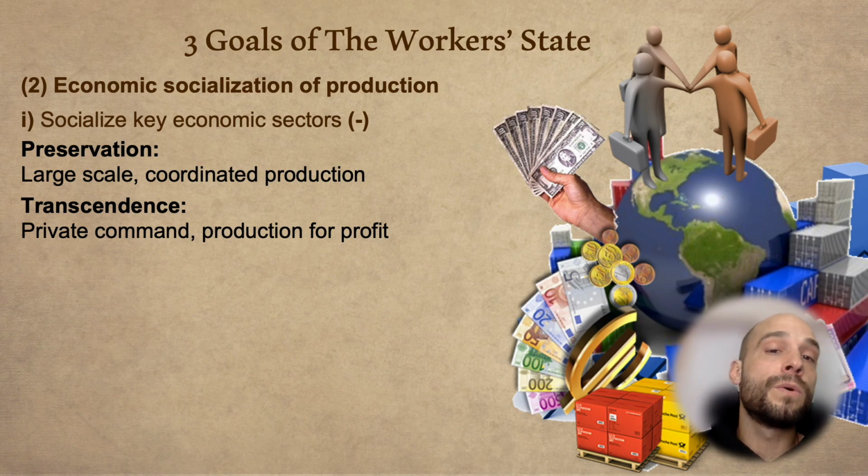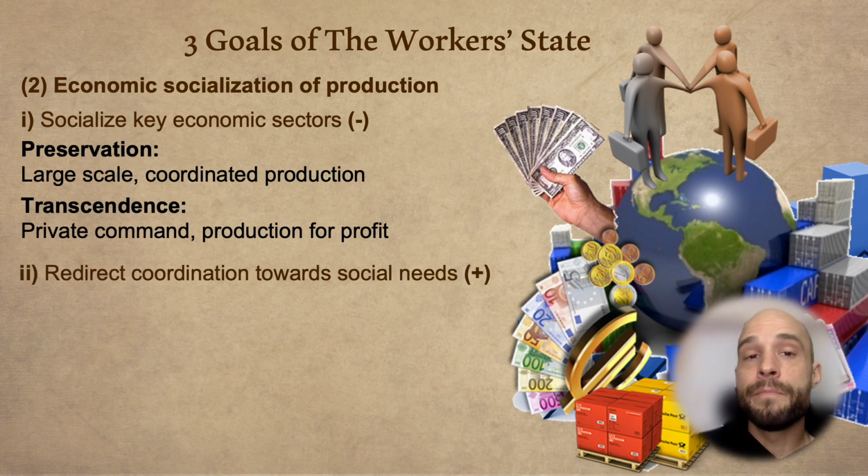Ownership is reorganized democratically through workers' cooperatives, employee-owned firms, public enterprises, and the social ownership of key sectors. The result is a mixed but democratic economy that preserves markets where useful while abolishing capitalism's exclusive ownership of the means of production.